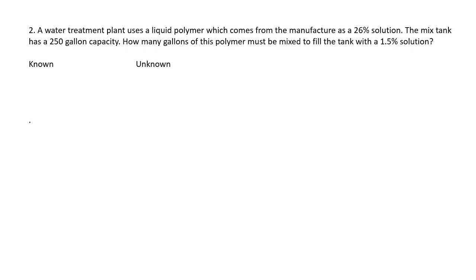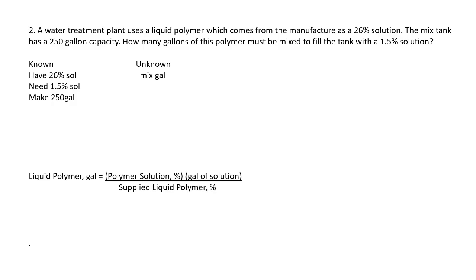As I like to do, we start with our knowns and unknowns. What we know is that we have a 26% solution. We need to make a 1.5% solution. We're going to make 250 gallons of that 1.5% solution. And what we don't know is how many gallons of the 26% solution we need to mix in the tank.